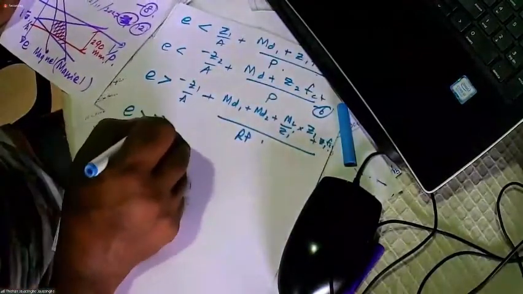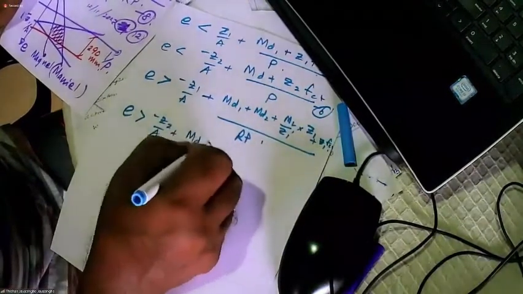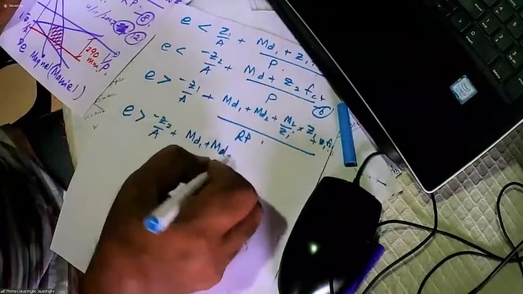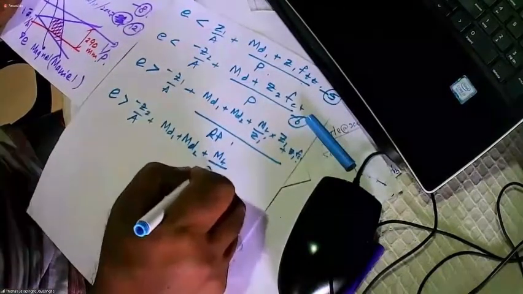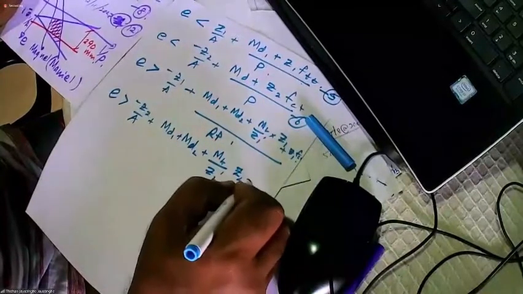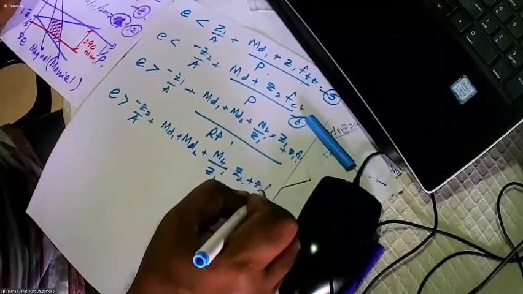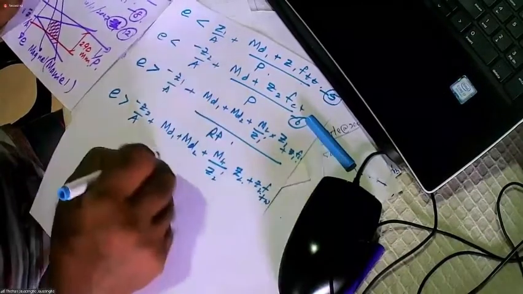E should be greater than minus Z2 over A plus MD1 plus MD2 plus ML over Z2 dash times Z2 plus Z2 times FTW over RP.